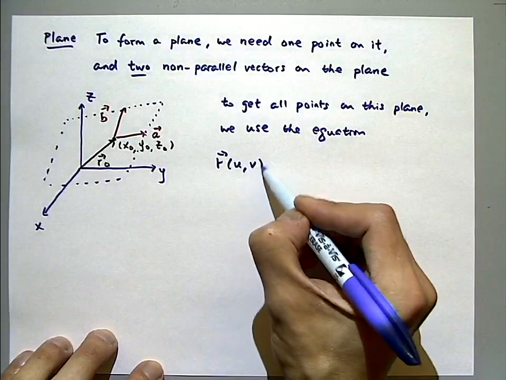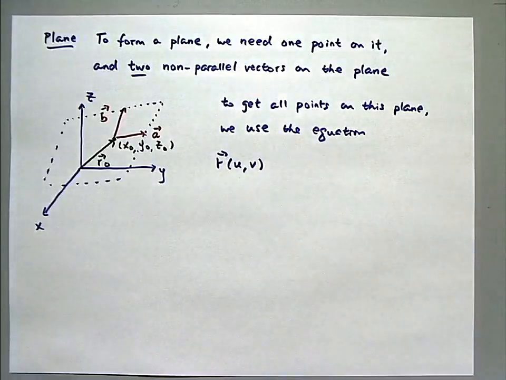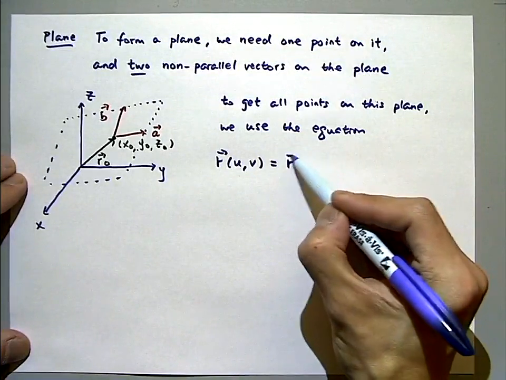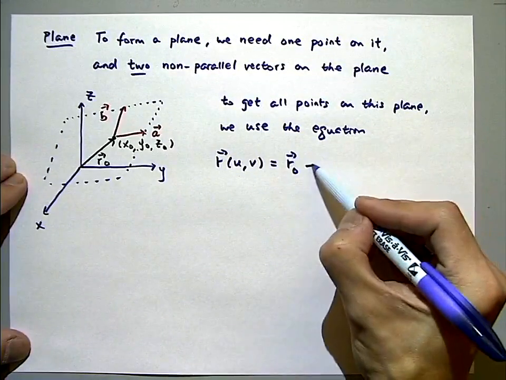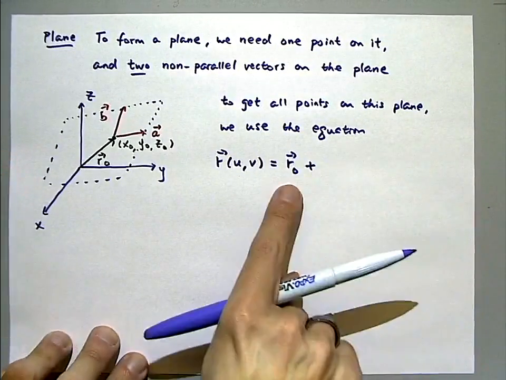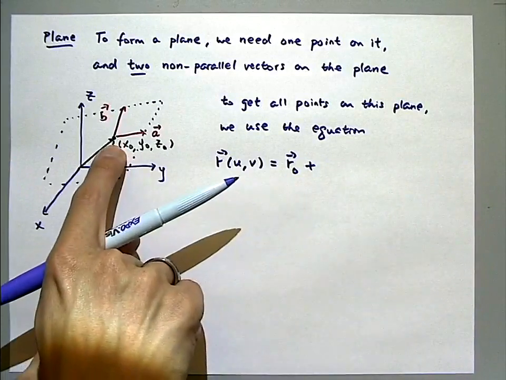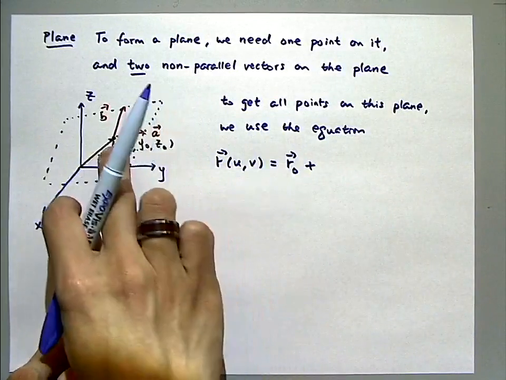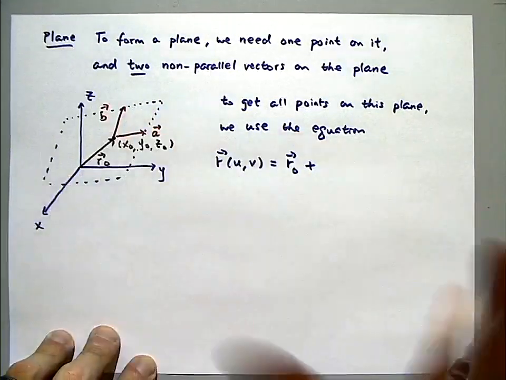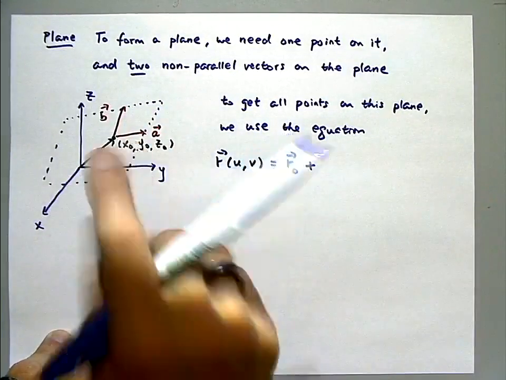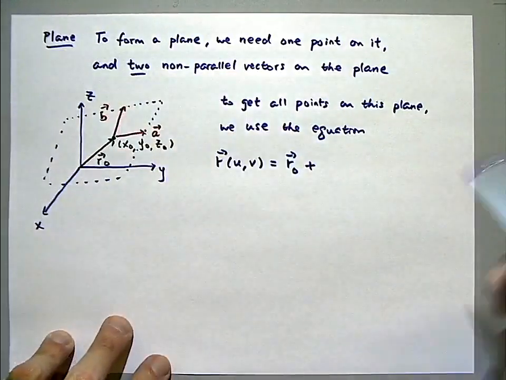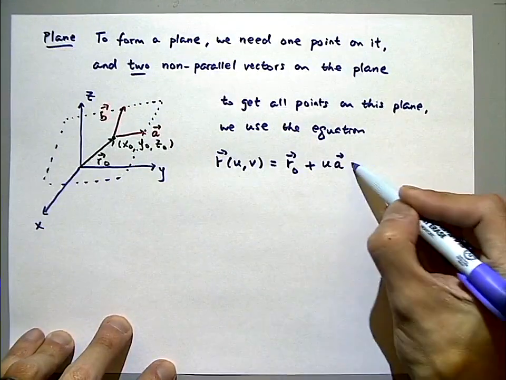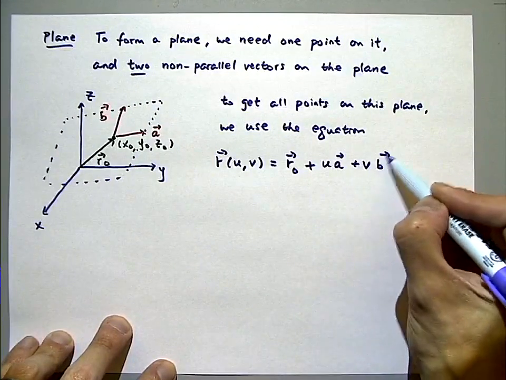It's a surface now, so we need two parameters, u and v. This alone puts me at this point. If I want another point on this plane here, I need to add from that point some multiple of A and some multiple of B. So we're going to write it as U times A plus V times B.